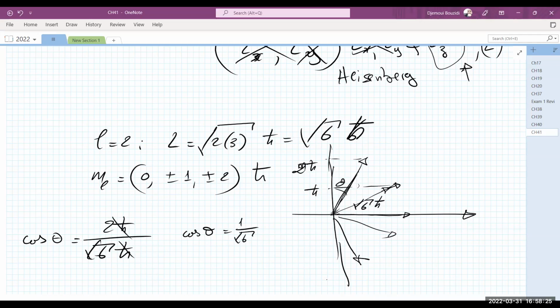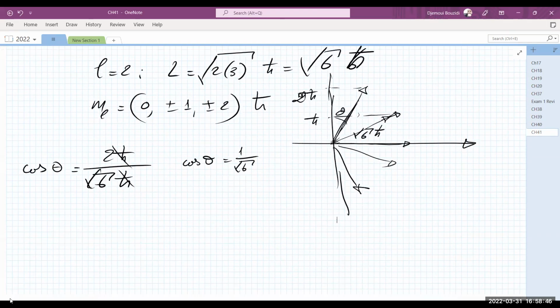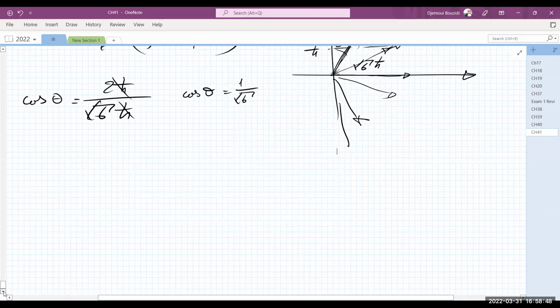Does this geometry make sense to you guys? Yep. Okay, very good. So you can find all the different angles at will where this angular momentum is pointing for different values of ML. The magnitude is always fixed. It doesn't change. This is not the question of the pre-test though, and the post-test, if you guys remember.